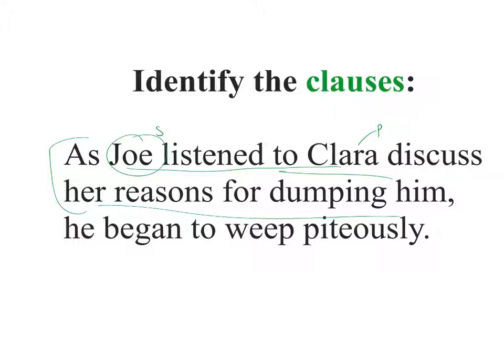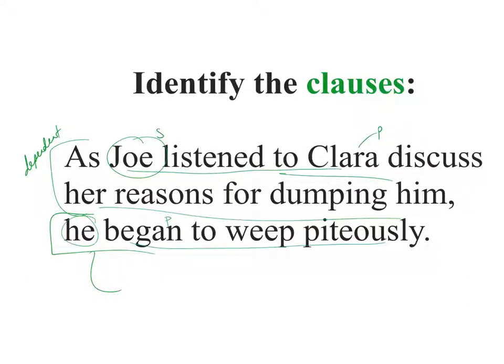As Joe listened to Clara discuss her reasons for dumping him, it's unfinished. It needs more, so it's dependent. And we have the second clause here. He began to weep piteously. He would be the subject, began to weep piteously would be the predicate, so it's a clause. But it could also stand on its own. He began to weep piteously. So that makes it an independent clause. So again, we have a dependent followed by an independent clause.